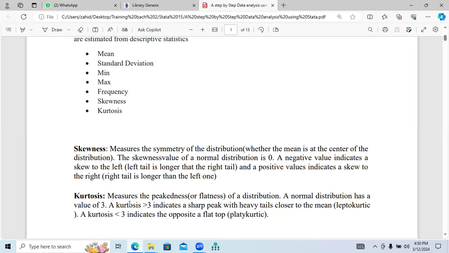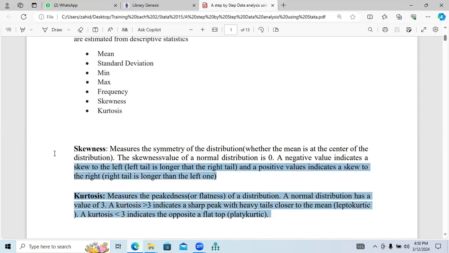So you need to understand that your kurtosis value should be 3 or closer to 3. If it is heavily greater than 3, then it is not normally distributed. And if it is heavily less than 3, it is also not normally distributed.